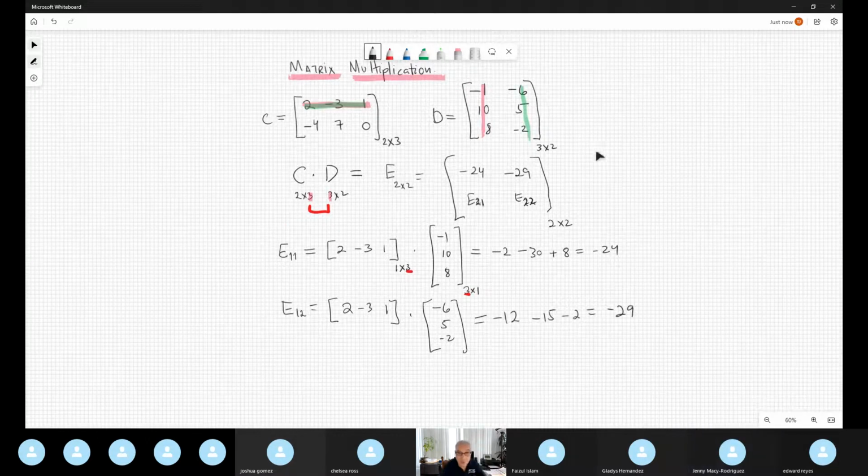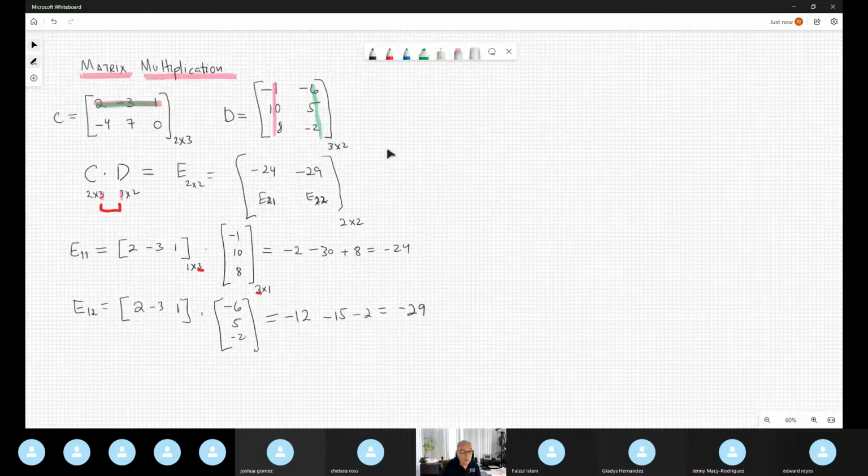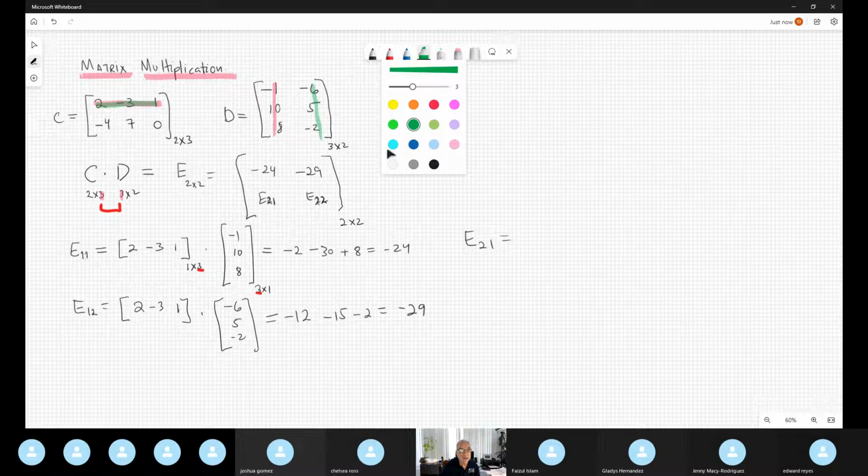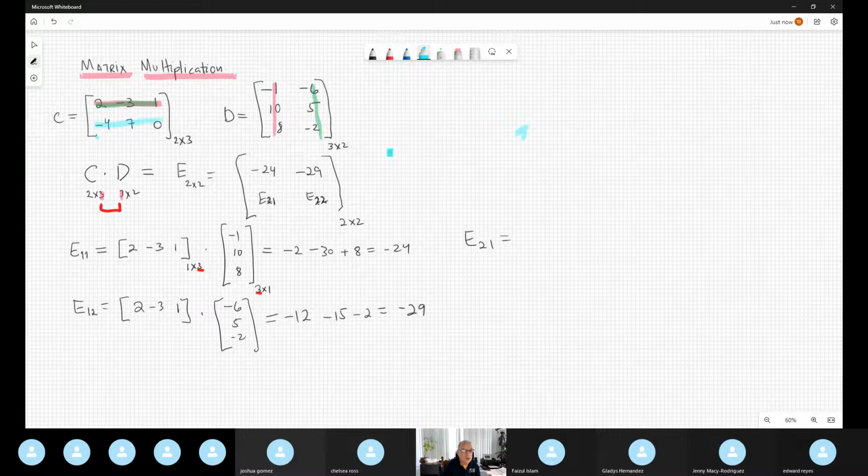Yes. Okay, now if you want to find A21, I'm switching to another color, maybe cyan, I like that. This multiplied by this.